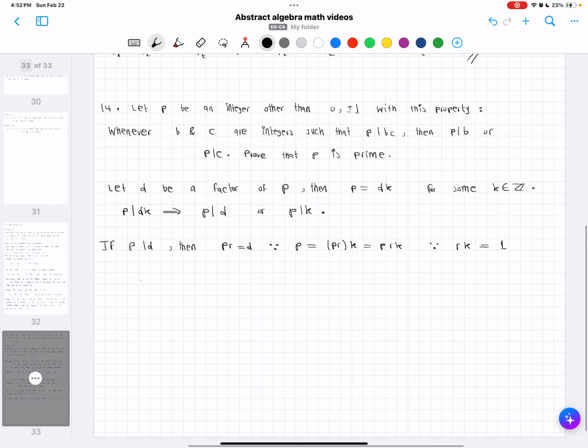This tells you that the absolute value of K is less than or equal to 1. But since it's an integer, then it must be equal to plus or minus 1. And if K is plus or minus 1, then D is plus or minus P.